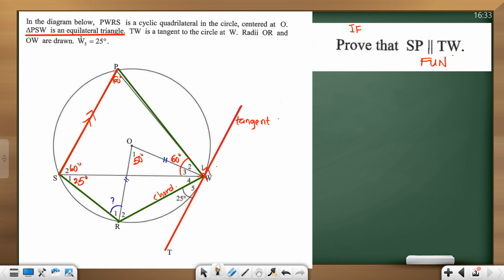So you say angle S2 is equal to angle W4 plus W5, alternate angle. Wait. Hold on. Come back, Mohammed, guide me. You said we want to prove alternate angles. So if SP is parallel to TW, which angles are you focusing on? Which angle should equal which angle?